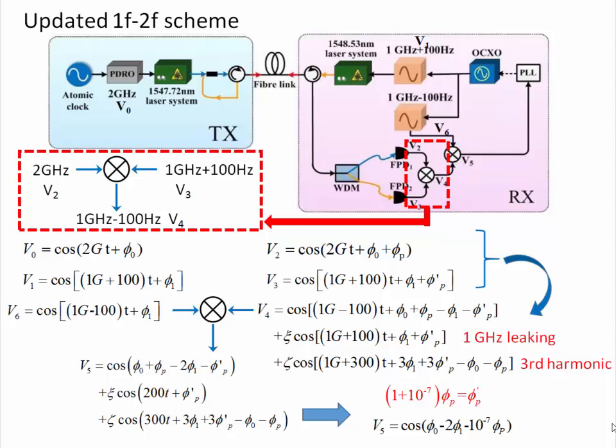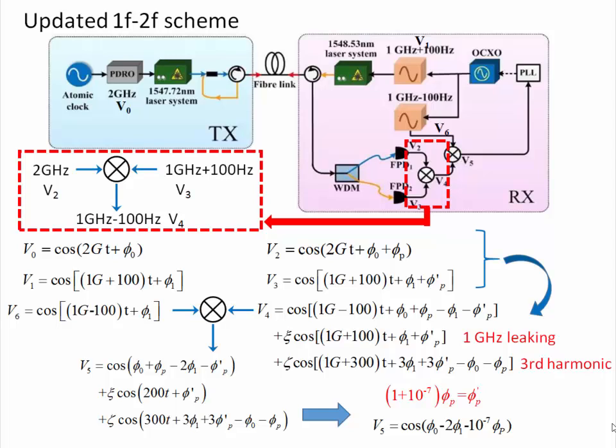We slightly changed our scheme by adding two different signals, not the same signals, for 1 GHz. They are 1 GHz plus 100 Hz and 1 GHz minus 100 Hz. The others are still the same. In this situation, the error signal V5 should be expressed like this.